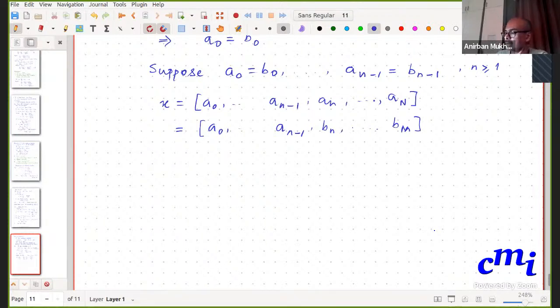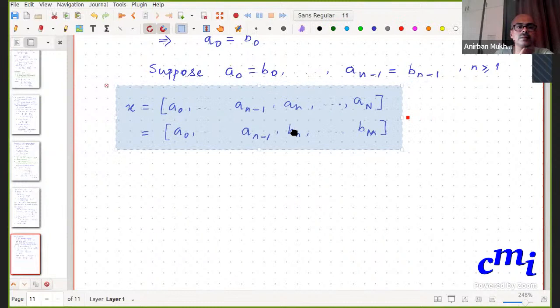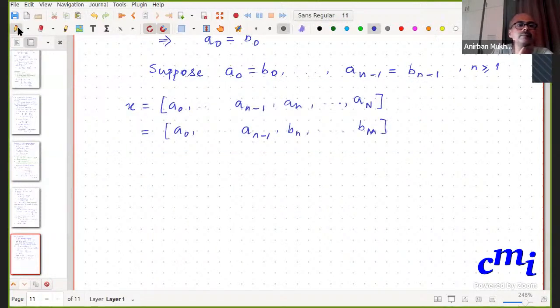So what we need to show is this. I also want to write it as a naught to a n minus 1, and then this is a n dash.